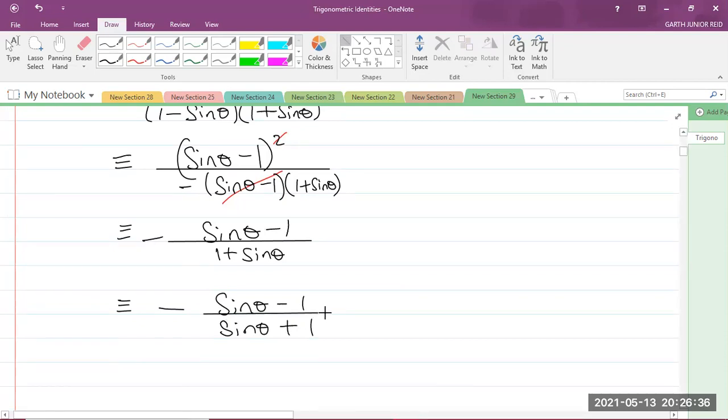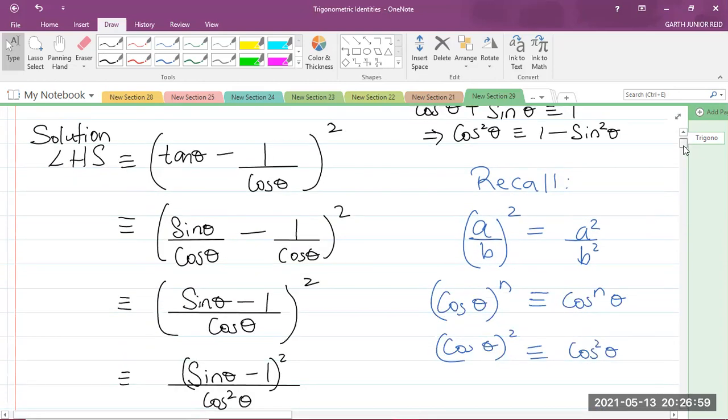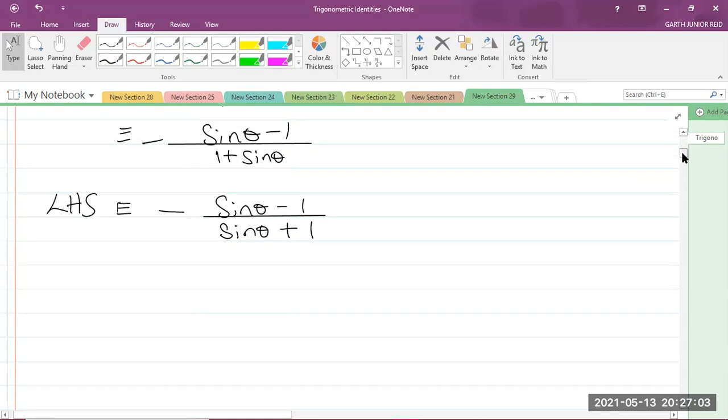Good. Now remember that this is the left-hand side. Just go back to the question. So we have the negative of sine theta minus 1 divided by sine theta plus 1, and if you go back up, you will see that is exactly what we have on the right-hand side. So we have proven that the left-hand side is equivalent to the right-hand side.